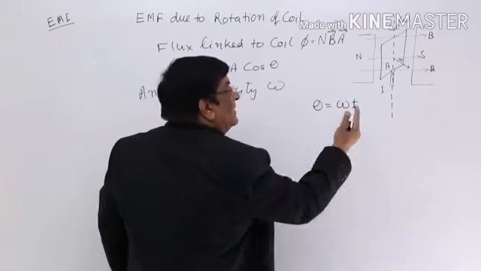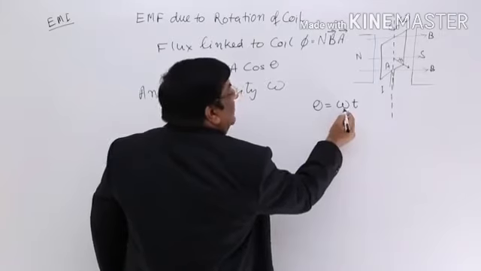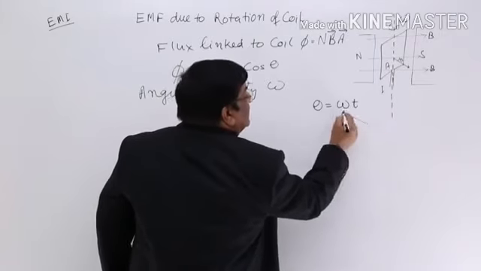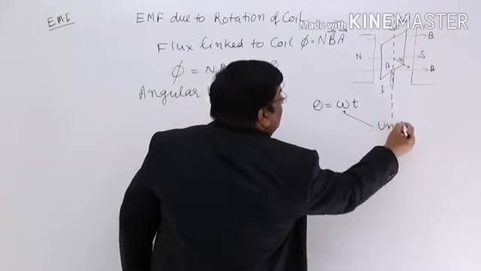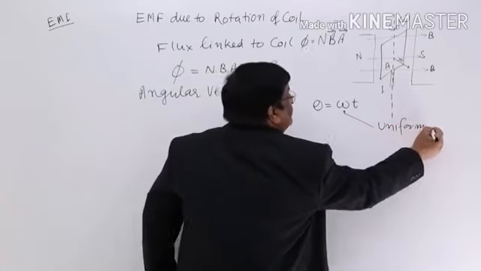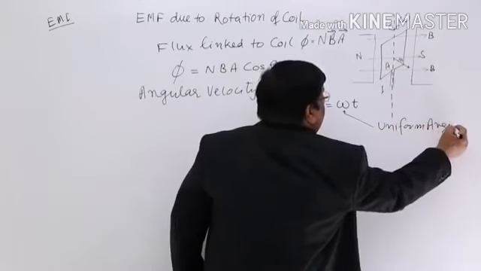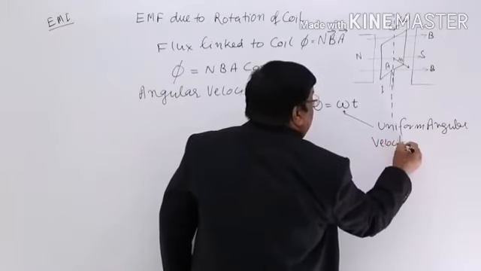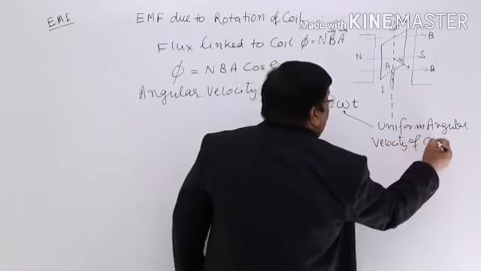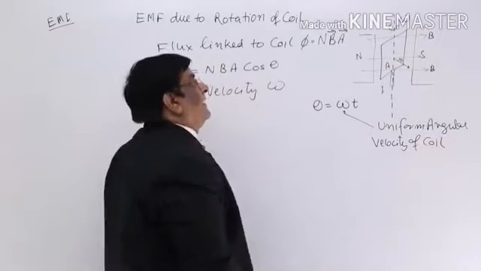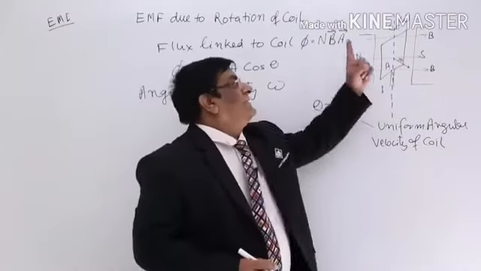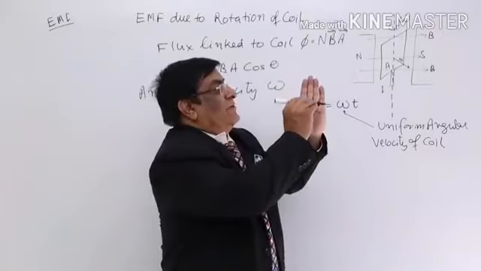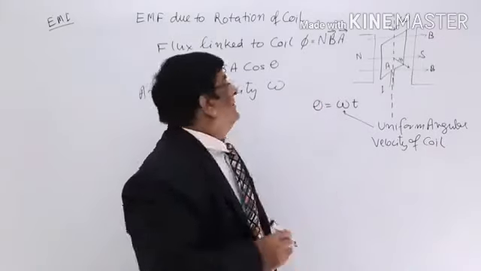It is rotating with uniform velocity omega. So what is this? Uniform angular velocity of the coil. This is the axis and the coil is rotating this way.